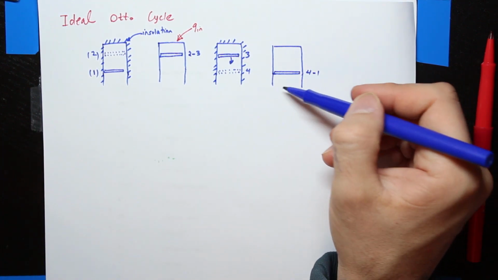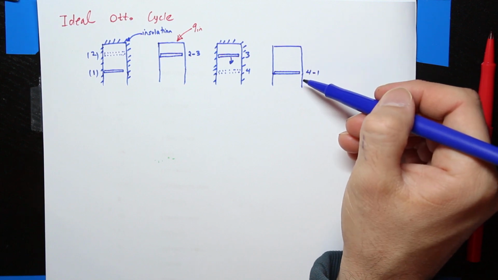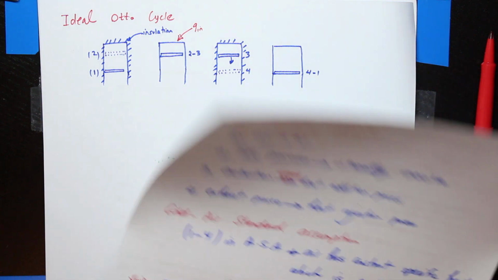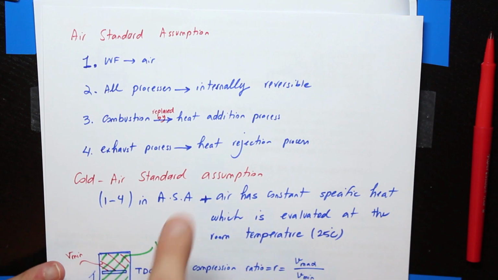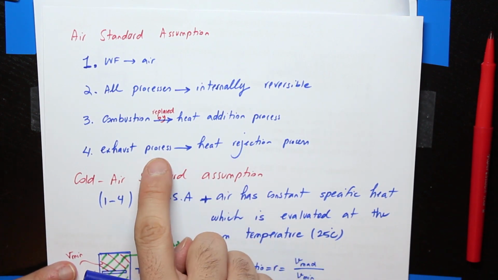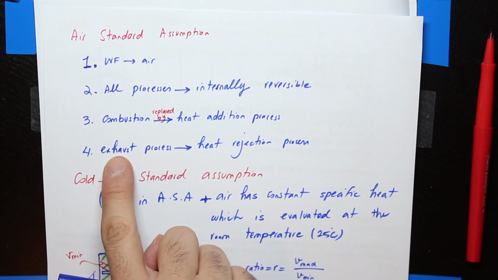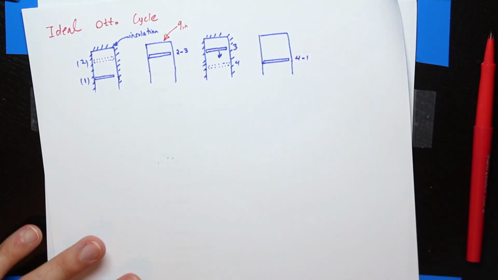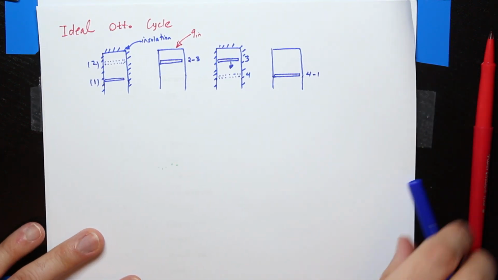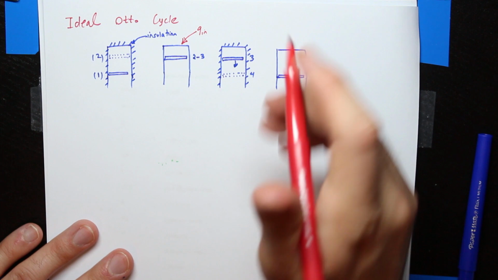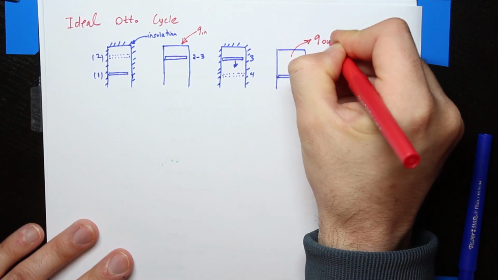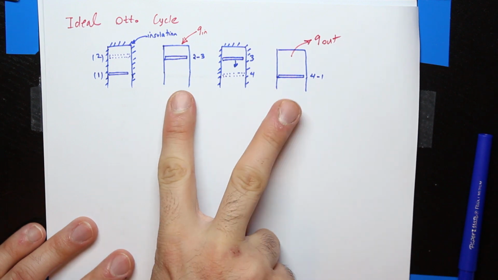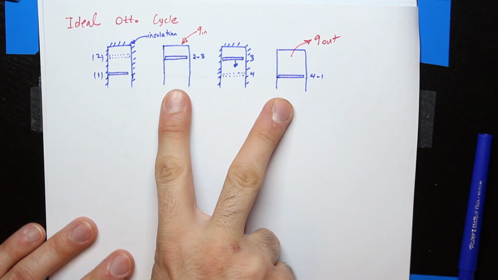Again, the cylinder is not insulated, because if this represents the exhaust, then according to the air standard assumption, we replace the exhaust process with a heat rejection process. So over here there should be heat going out, Q out. Heat addition here, heat rejection here. In both of these two there is no insulation.